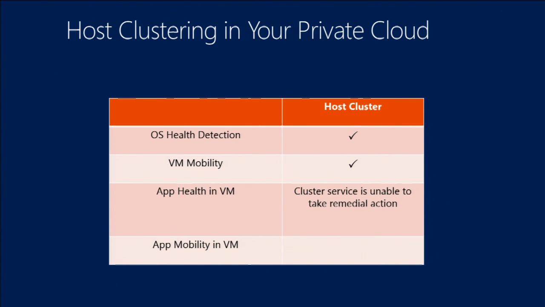For free, you're getting availability or failover in case you have any OS health problems, or VM health problems, or, in Windows Server 2012, network health detection. So if your VM network goes down, we are going to fail over your VM to another node in the cluster. We are going to live migrate it.